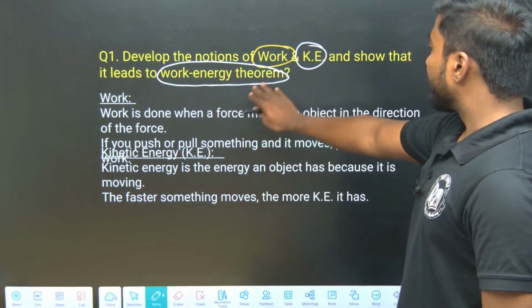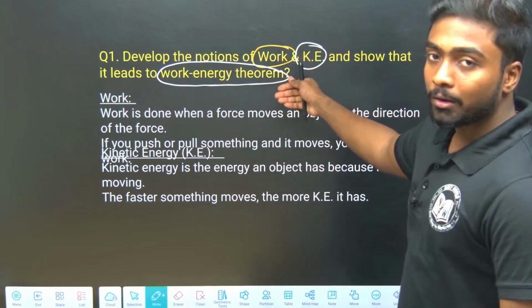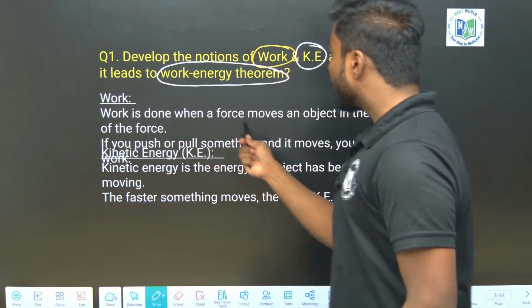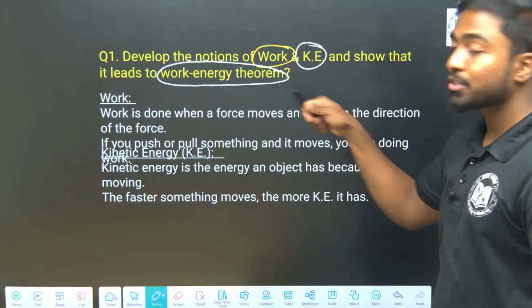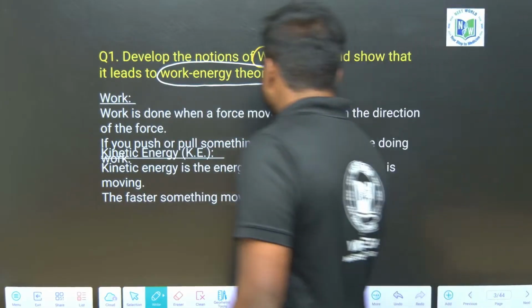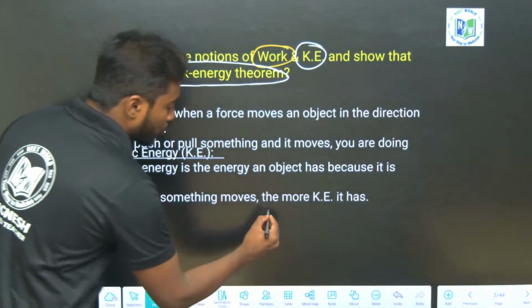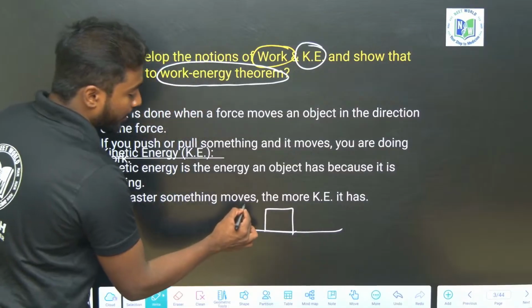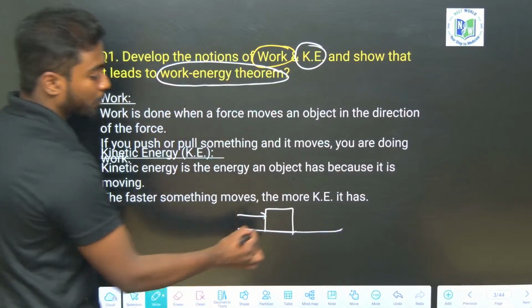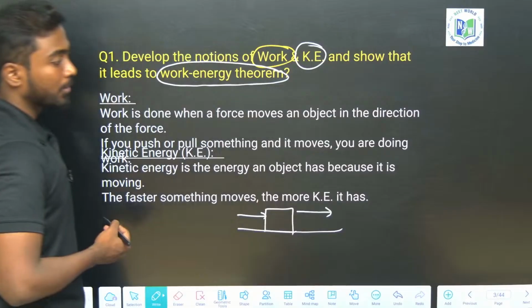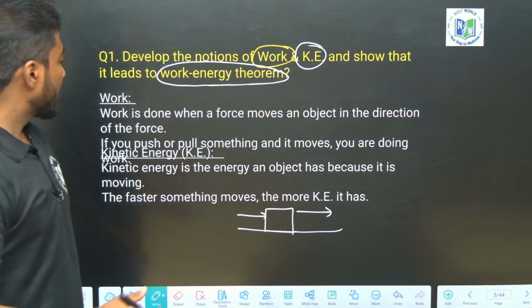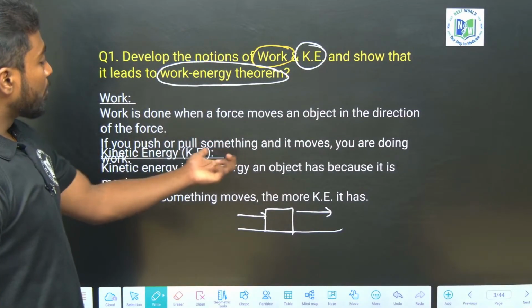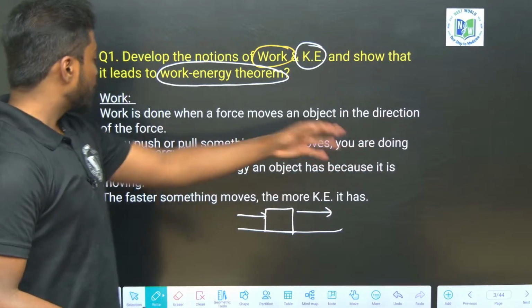So the work definition: work is done when a force moves an object in the direction of the force, right? When I apply a force to the object like this, the object will move in this direction, then I can say work has been done. If you push or pull something and it moves, you are doing some work.